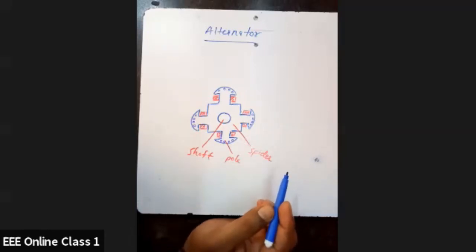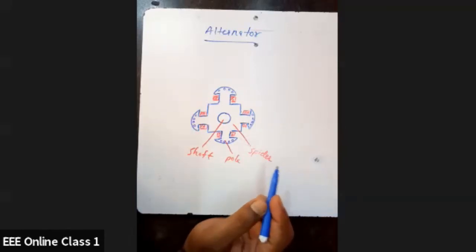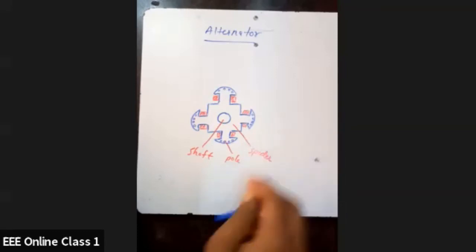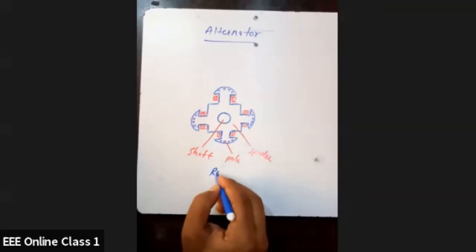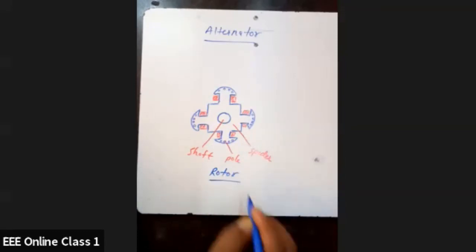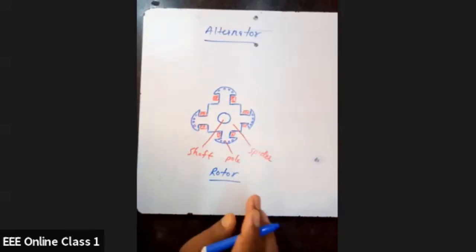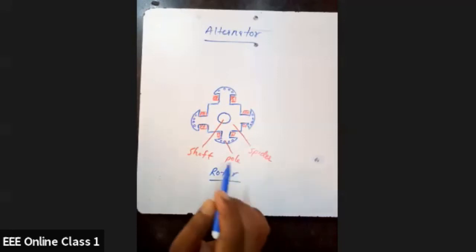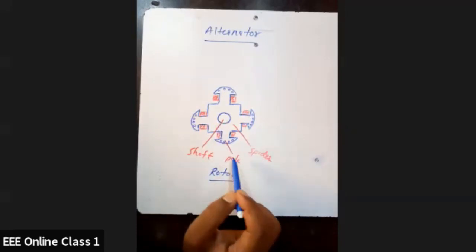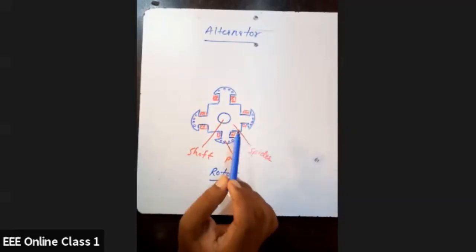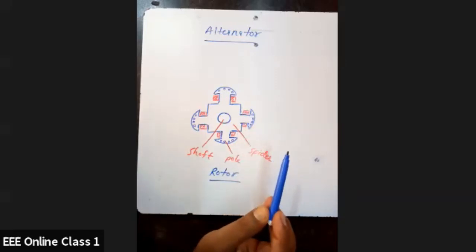Now this is the rotor part of an alternator. It consists of the shaft, then we have poles, the spider, and field winding.